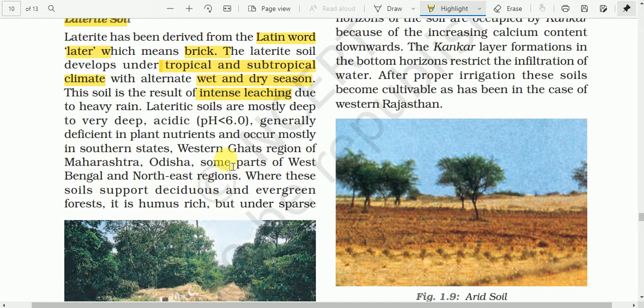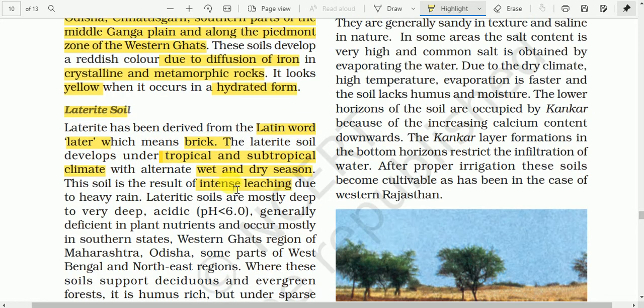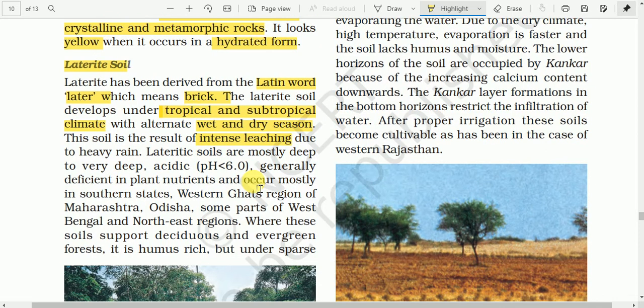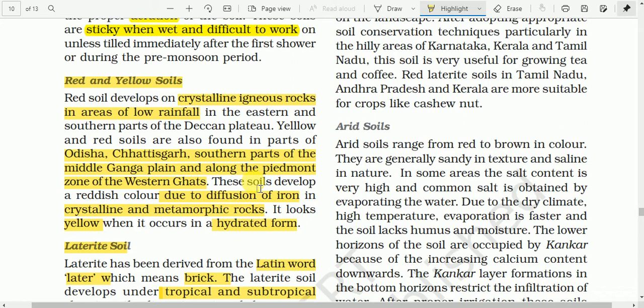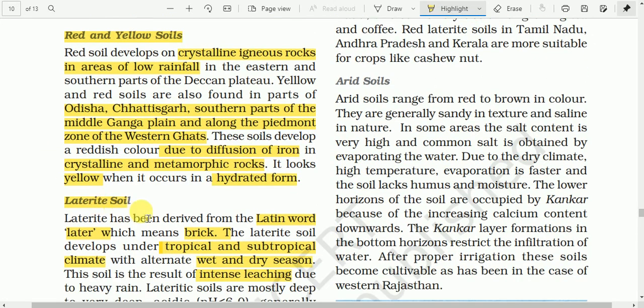We have learned that the laterite soil is formed due to the leaching process in the areas of heavy rainfall. Before I explain the meaning of the word leaching, you must know the difference between red and yellow soils and laterite soils. Can you find the differences? Yes, anybody?